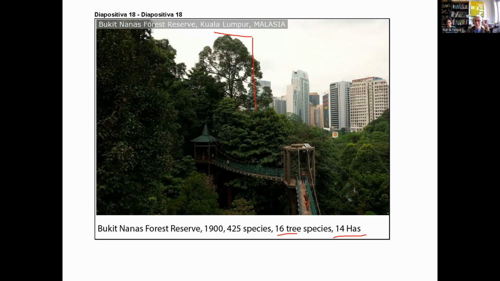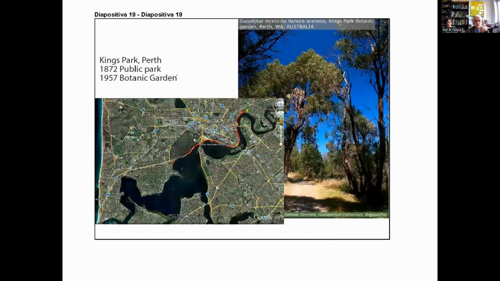It's important that in the micro reserve the plants there are working and functional. They produce flowers, and they shelter birds. It's a natural habitat even in tropical cities like Kuala Lumpur in Malaysia, or in Perth in southwestern Australia.